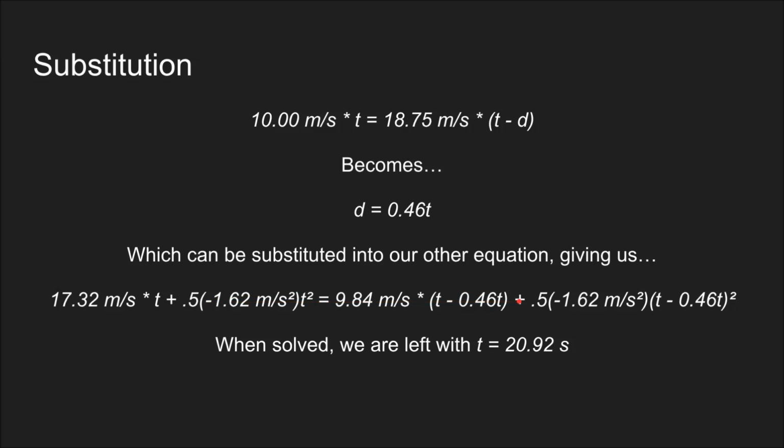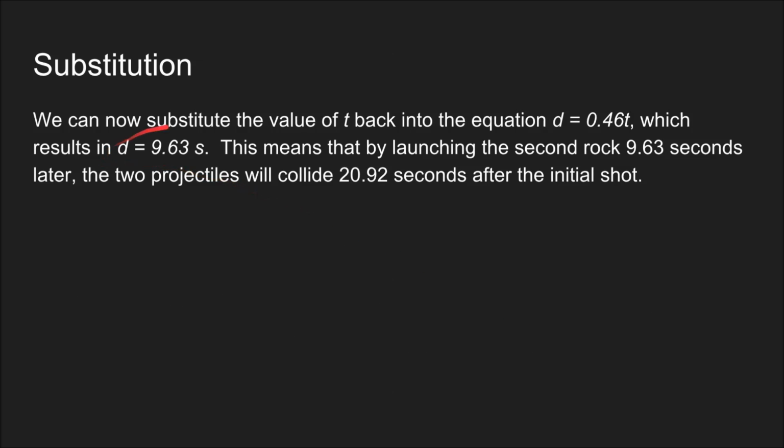And once we solve this equation, we're left with t is equal to 20.92 seconds. So now that we know that, we can substitute the value of t back into the equation d equals 0.46t, which results in d equaling 9.63 seconds. This means that by launching the second rock 9.63 seconds later, the two projectiles will collide 20.92 seconds after the initial shot.